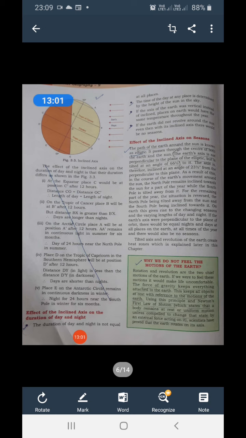Because the force of gravity keeps everything attached to the earth. This keeps all the objects at rest or in motion with reference to the movement of the earth. So if they ask you, this much is the answer which you have to write. You don't have to mention the principle and Newton's first law of motion.